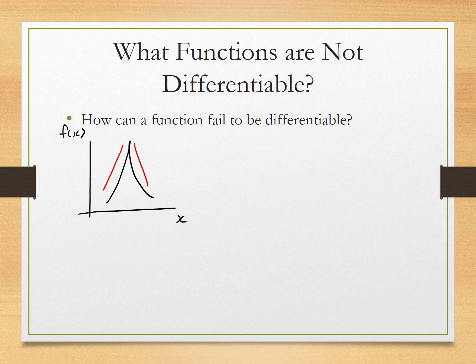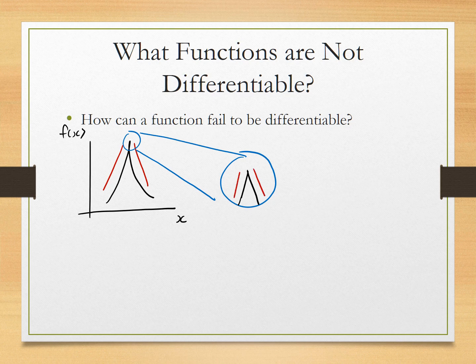If you imagine you scale up this point in the middle, you're still getting a corner, and the approximate slopes from the two sides are still going to be one positive, one negative. They're never going to be equal.